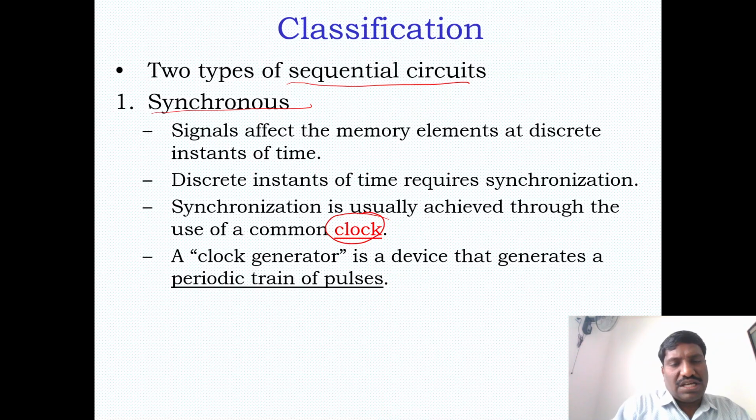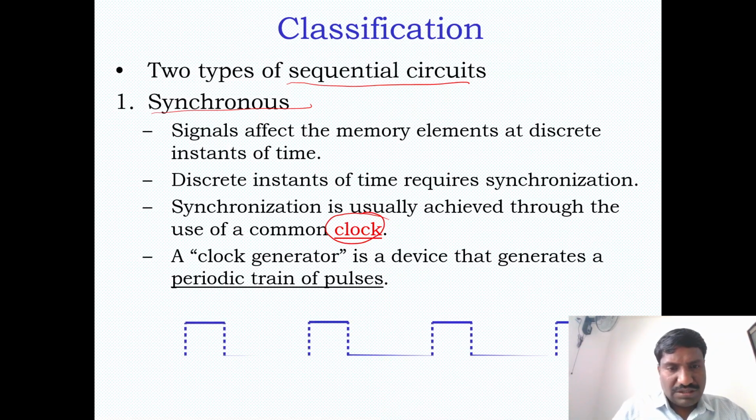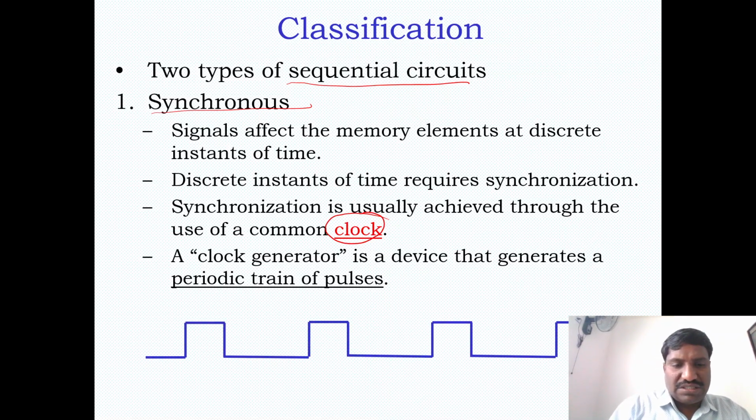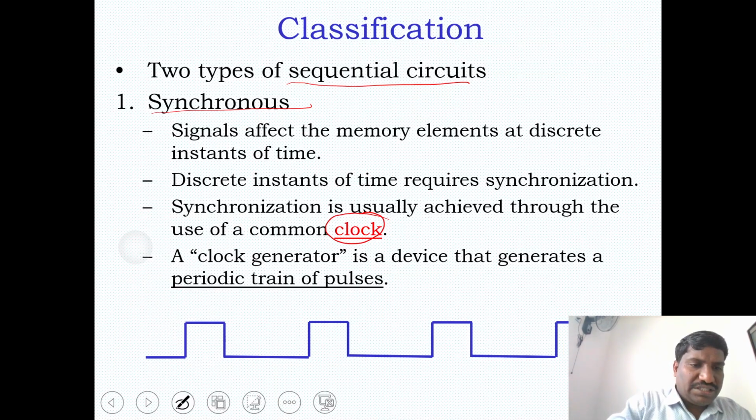How exactly will the clock look? The clock will look like this, a combination of 0s and 1s.